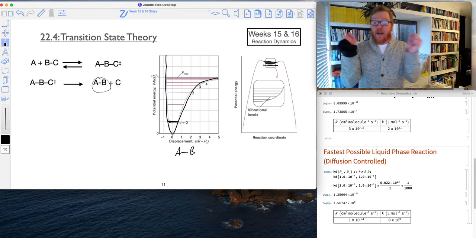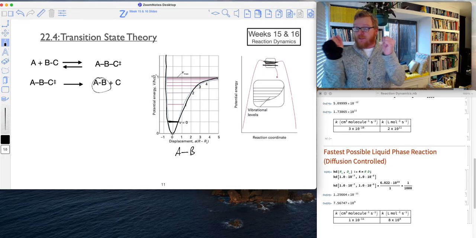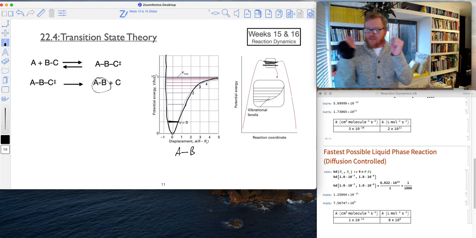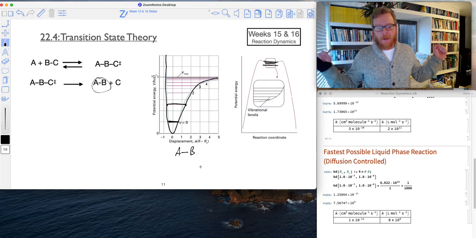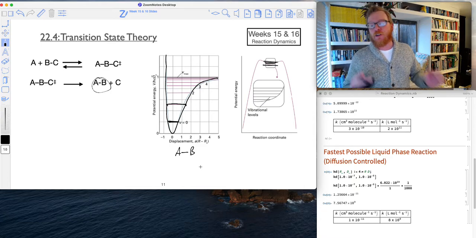So that bond is going to be vibrating at that ground state, right? It's not stationary. And if we were to bring it up to an excited state, to level 1, it's going to be vibrating even more. Okay, and that has the effect of increasing its kinetic energy the more we vibrate this molecule.